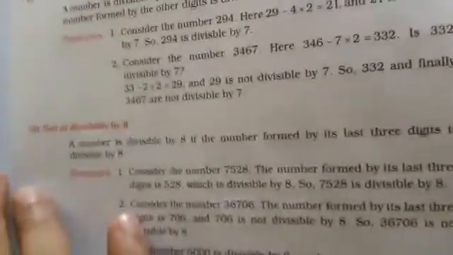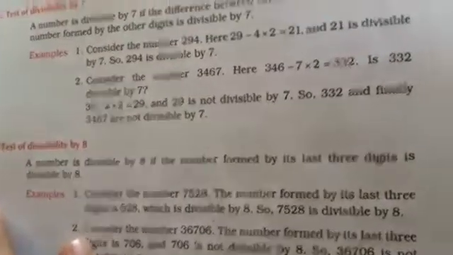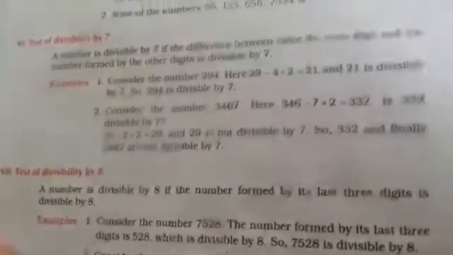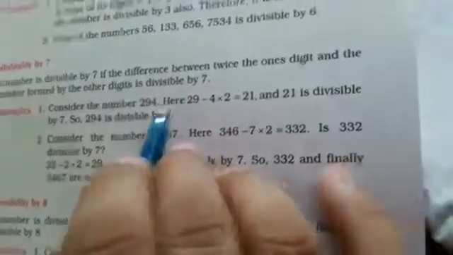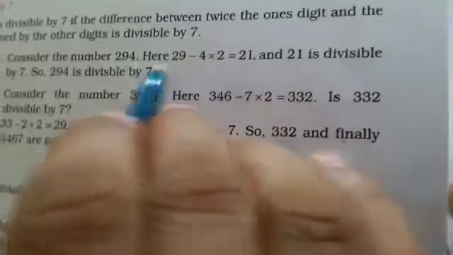Now we will see the test of divisibility by 7. A number is divisible by 7 if the difference between twice the ones digit and the number formed by the other digits is divisible by 7. Let us see, for example, 294. Here, 29 minus 8.